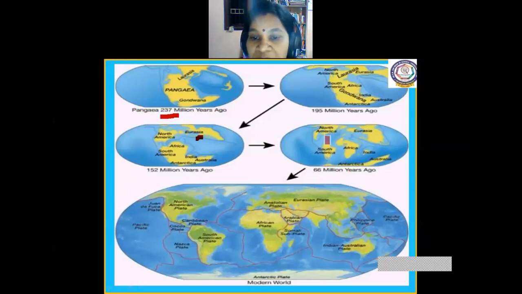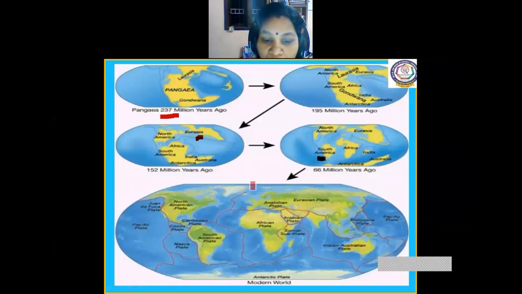North America is here. South America is here. Eurasia means Asia. South America and Africa separated. But India is far away from this Asian continent. It's not joined to the Asian continent. Australia and Antarctica are one landmass. Slowly it was separated.